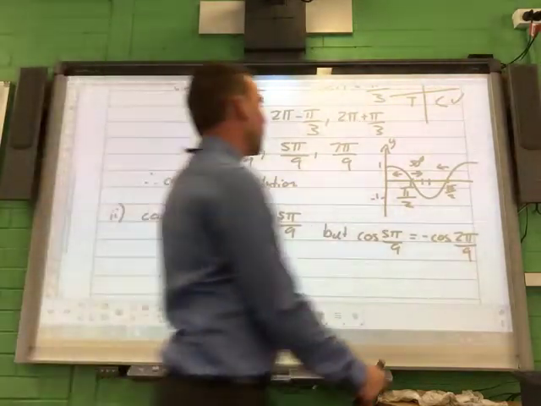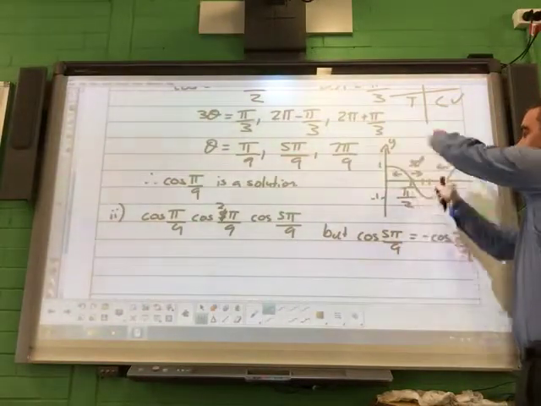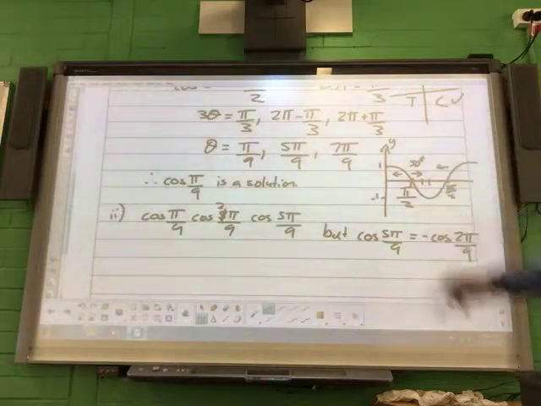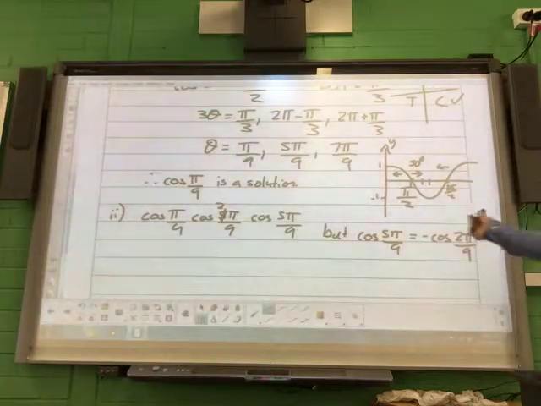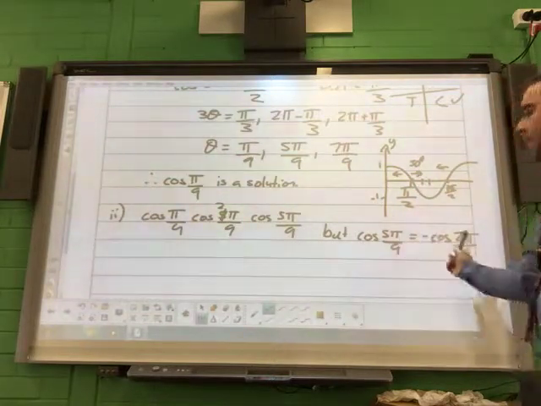Think about this part of the curve here. If I rotated that 180 degrees, I'm going to get that same curve there. And if I put a negative sign here because they're on opposite sides of the x-axis, these two values must be equal.